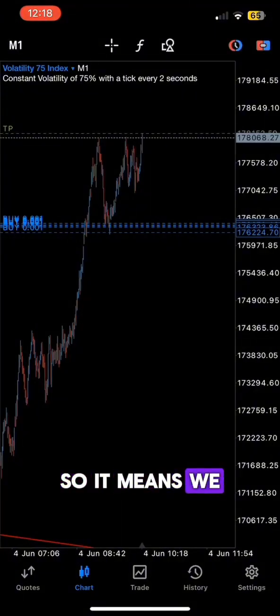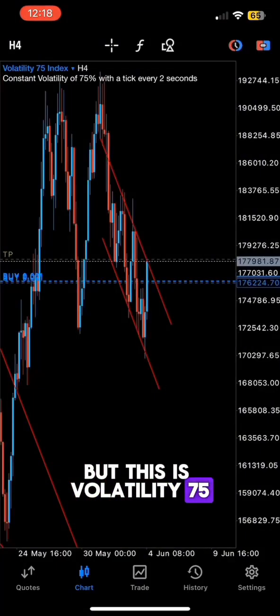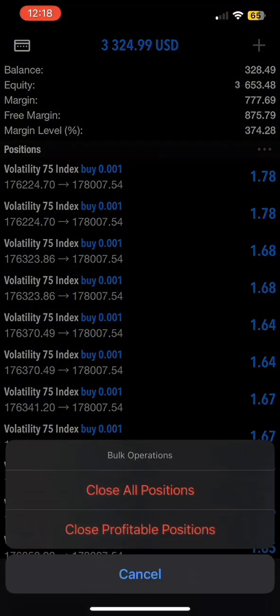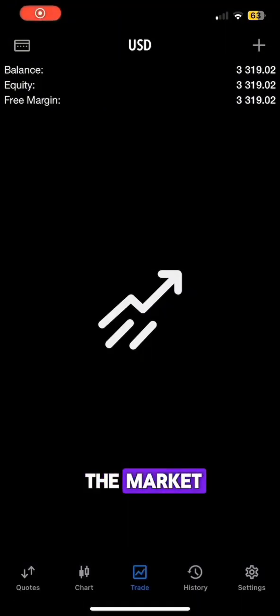So it means we can continue holding, but this is volatility 75. It is not safe to hold, as you can see. So it's actually safe for you to close the market. And then now we're in 3,319, which is a lot. Let's look for other trades elsewhere.